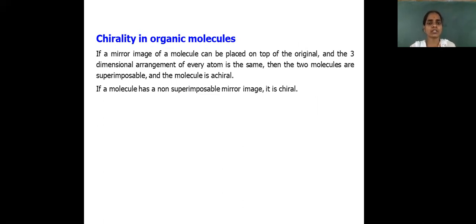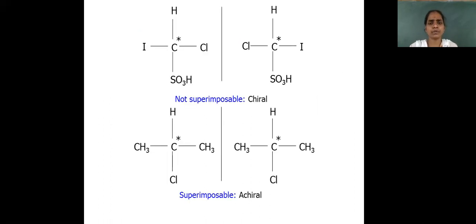In organic molecules, as we know, the carbon is attached to 4 different groups, which differ in the spatial arrangement of every atom, and one compound is a mirror image of the other, non-superimposable on each other.